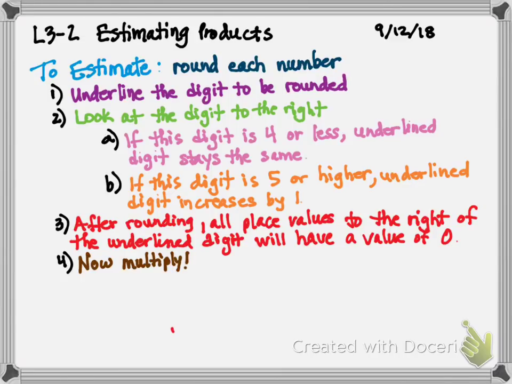Because you could have multiple digits, so where are you going to round? The whole point to estimating products is to make the math as simple as we possibly can. So this is what we're going to end up doing.